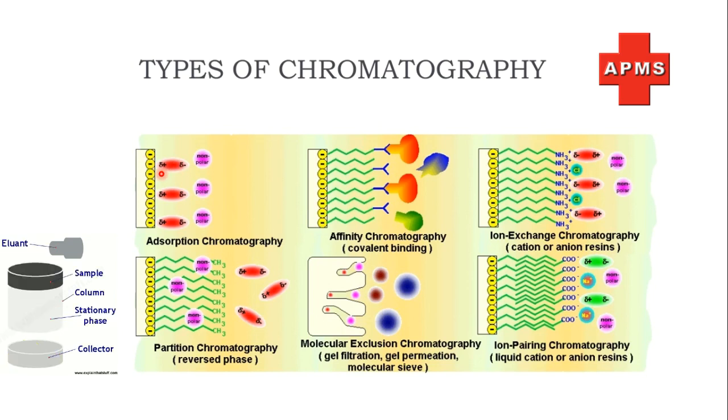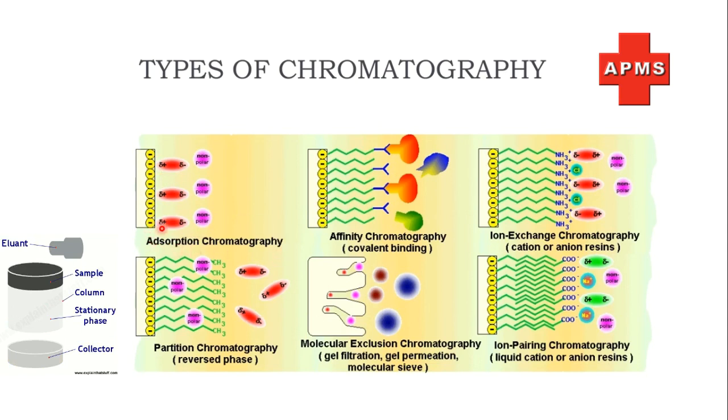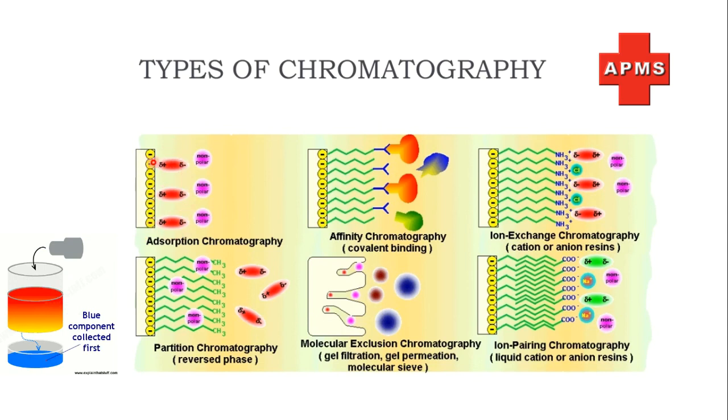So due to this electrostatic interaction, which is purely a physical interaction, this molecule of sample is retained here on this stationary phase. So this type of interaction is called here as adsorption. So this is called an adsorption chromatography, where the stationary phase is only a solid surface on which the adsorption of these sample molecule particles takes place.